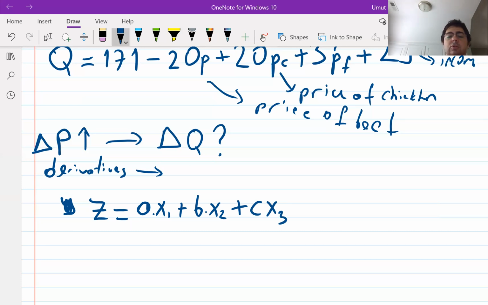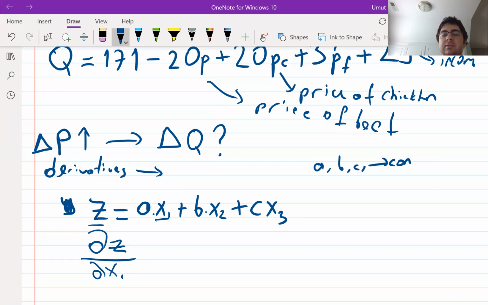Here we would like to see the effect of the change in x1 on z. To do that, we take the derivative of this z function with respect to x1. Here a, b, and c are constants, and x1, x2, and x3 are variables.